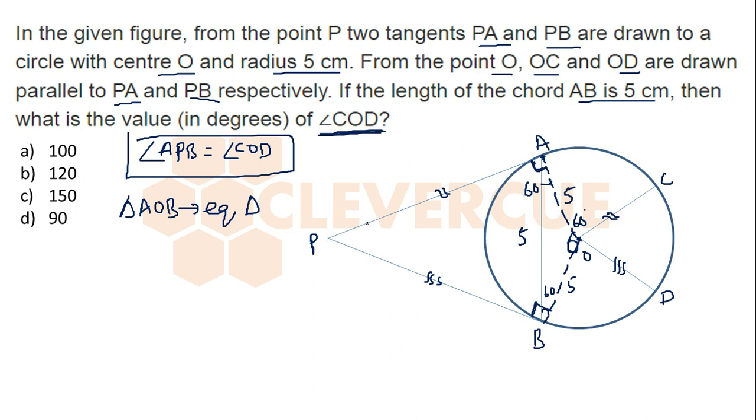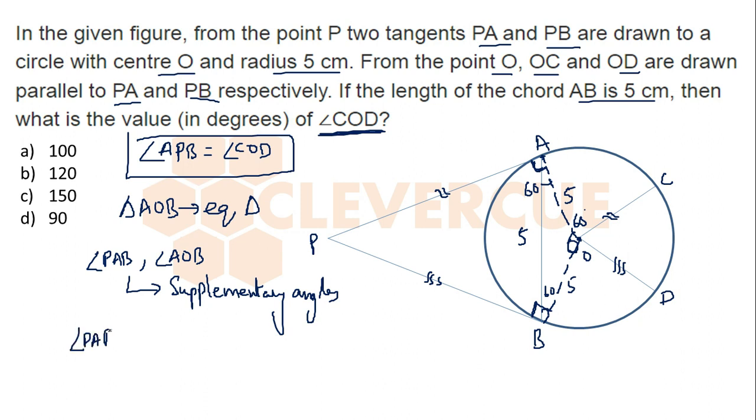Now if you see these two angles, angle APB and angle AOB, these two angles will become supplementary angles. That means angle APB plus angle AOB will be equal to 180. Now this angle is given as 60 degrees, so angle APB will be 180 minus 60, which is equal to 120 degrees. So the answer is option B.